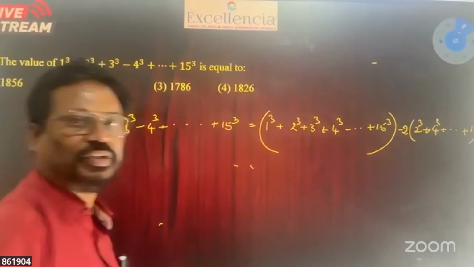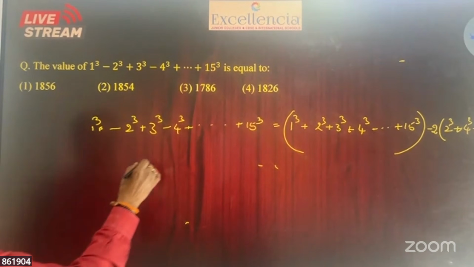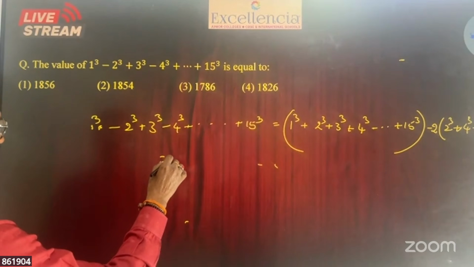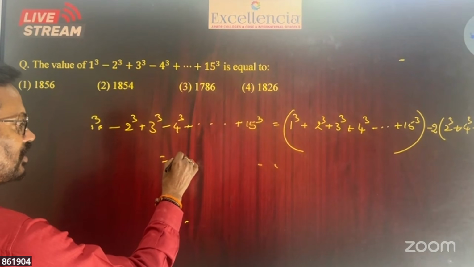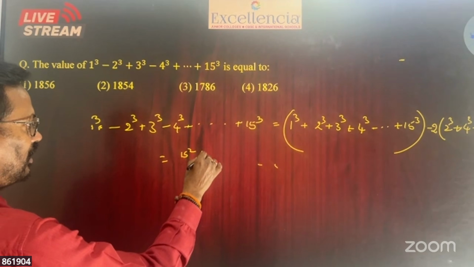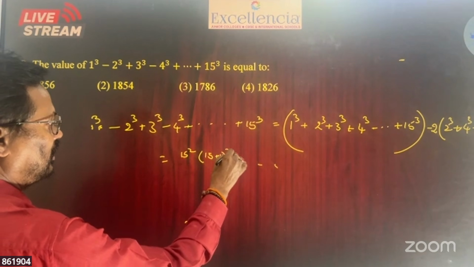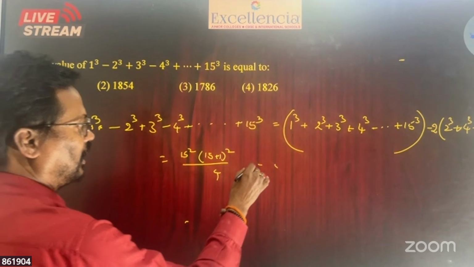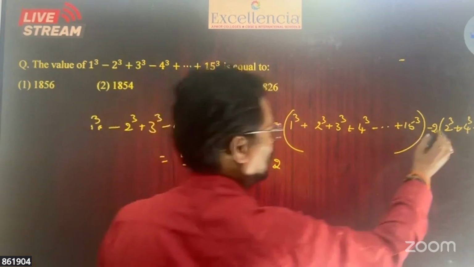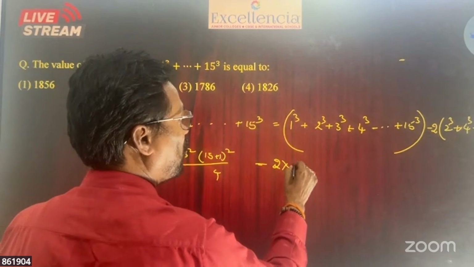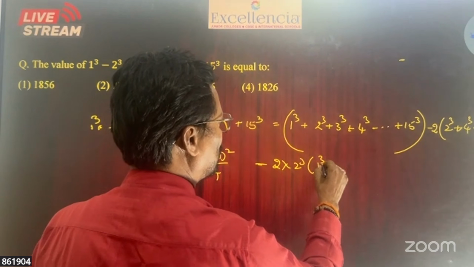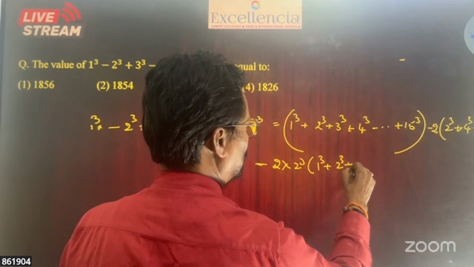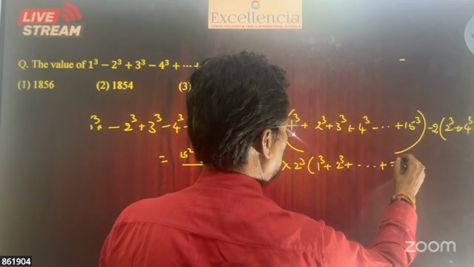Here the sum of cubes formula applies, for 15 terms: n square (n plus 1) whole square by 4, and minus, now 2 cube is common. If I take 2 cube common, that becomes 1 cube plus 2 cube up to 7 cube.